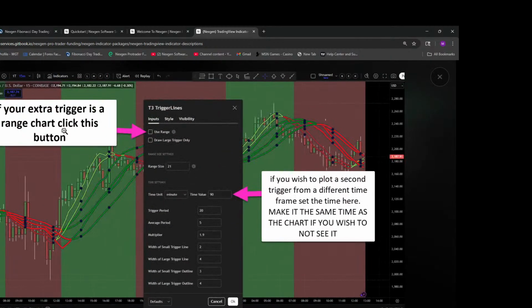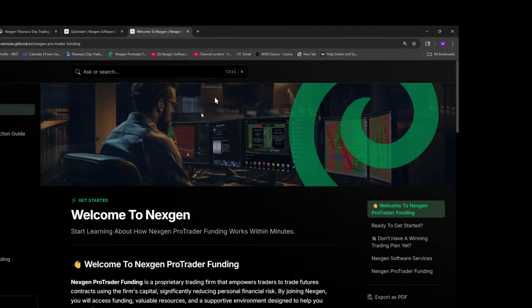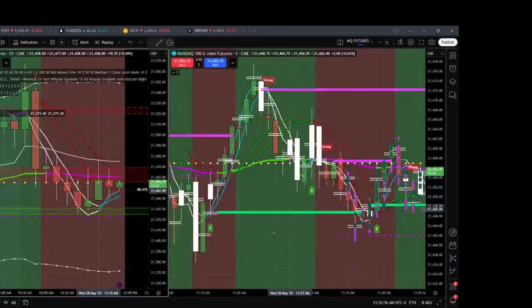If your extra triggers range chart, click this button. If you wish to plot a second trigger from a different time frame, set it here. So I think what has to happen is they have to be the same settings. Make it the same time as the chart if you wish not to see it. There it is. Okay. I had to go through. I was like, I know I'd seen it. I can't remember where.